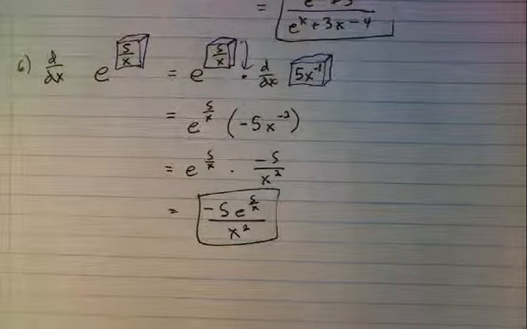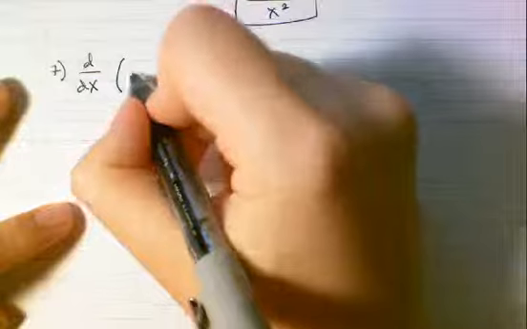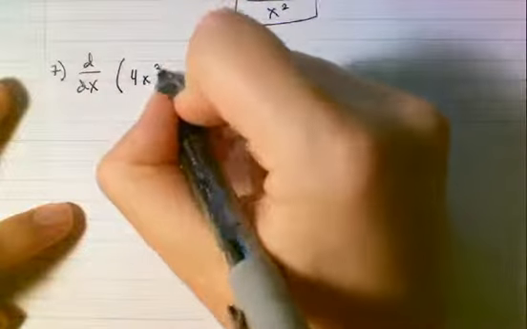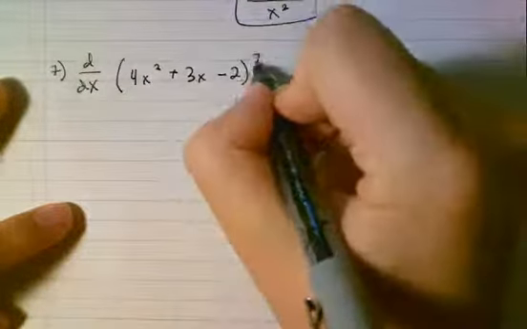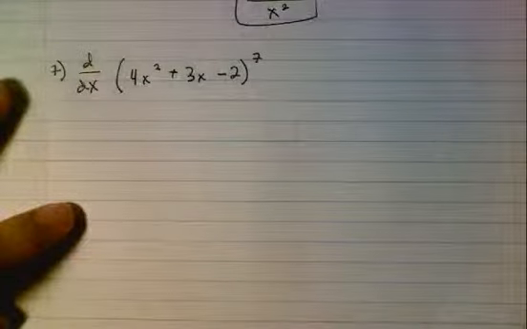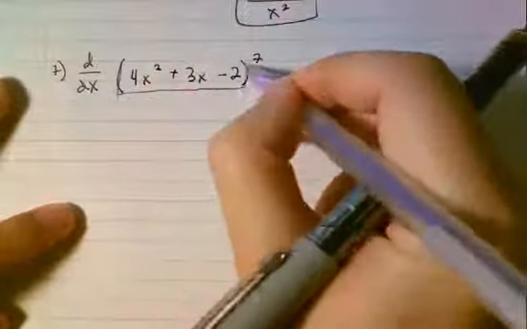One final one, and then we'll do our check for understanding problems. Let's take the derivative of 4x squared plus 3x minus 2, all of that to the 7th power. We notice that we've got a power function, so we're going to have a box here.